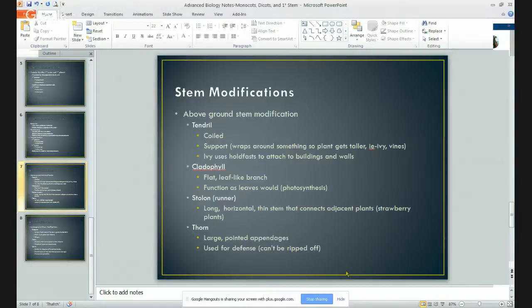So think ivy, grapevines. It does it for support, but it also allows it to grow out, get taller, so it helps it with the skeleton, if you will.